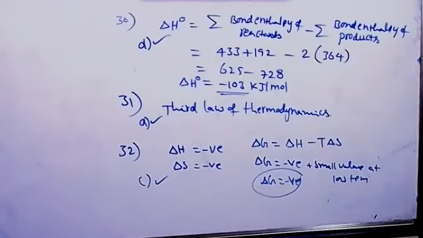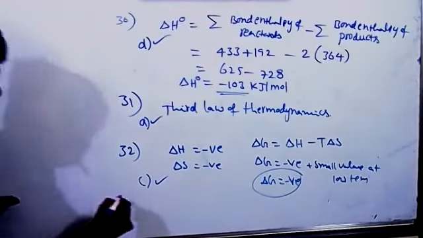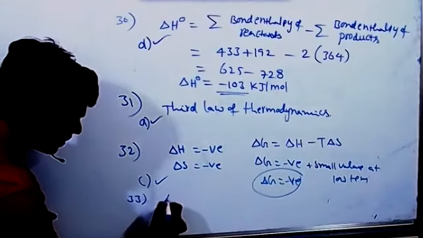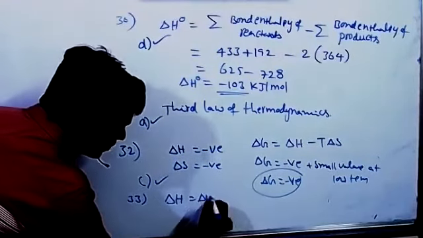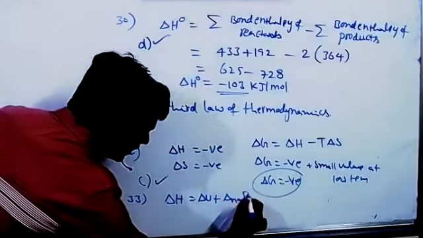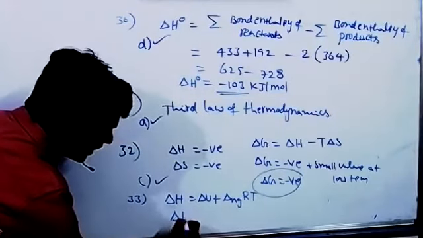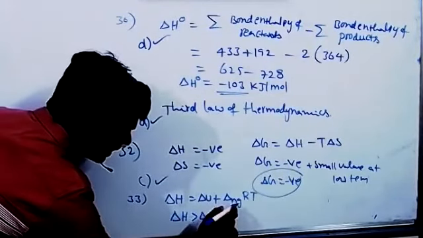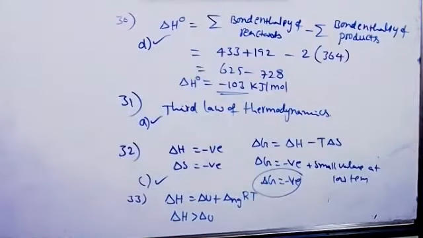Okay, the reaction in which delta H greater than delta U is. Your relation is delta H is equal to delta U plus delta Ng RT. So to become delta H greater than delta U, here delta Ng value should come plus value. That may be plus 0.5 also fine.